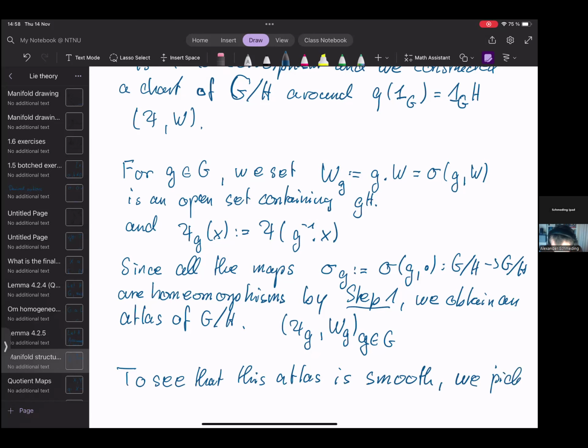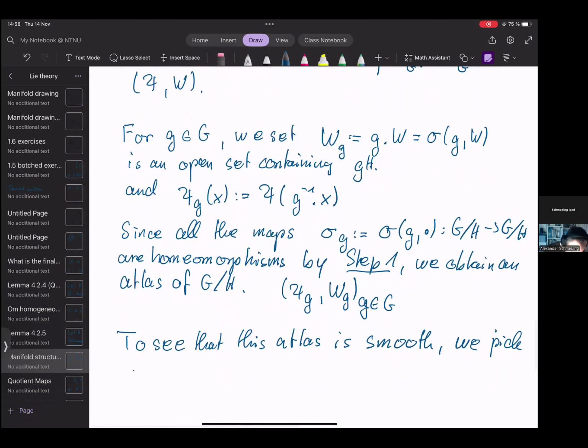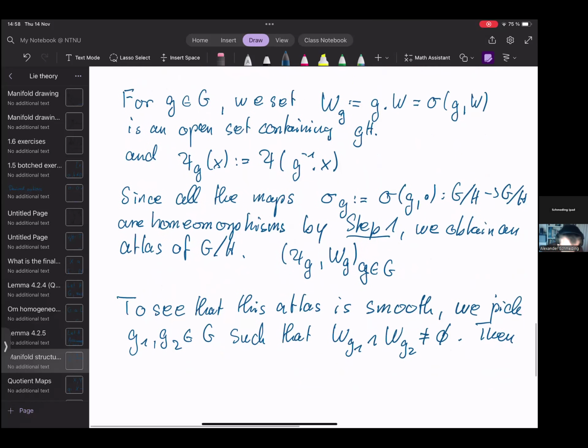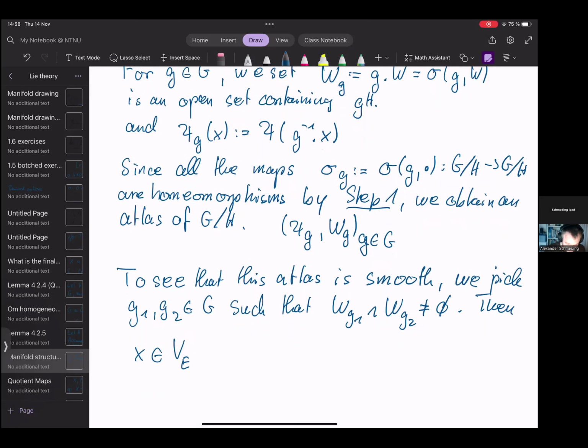So let's pick 2 elements, G1, G2 in G, such that WG1 intersection with WG2 is non-empty. Then if I pick an X in VE, which gets mapped by the chart into the intersection, what do we get?